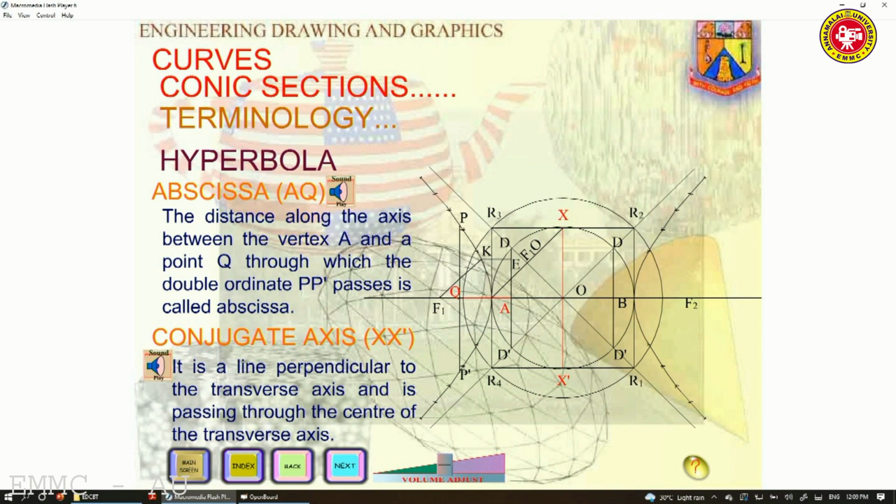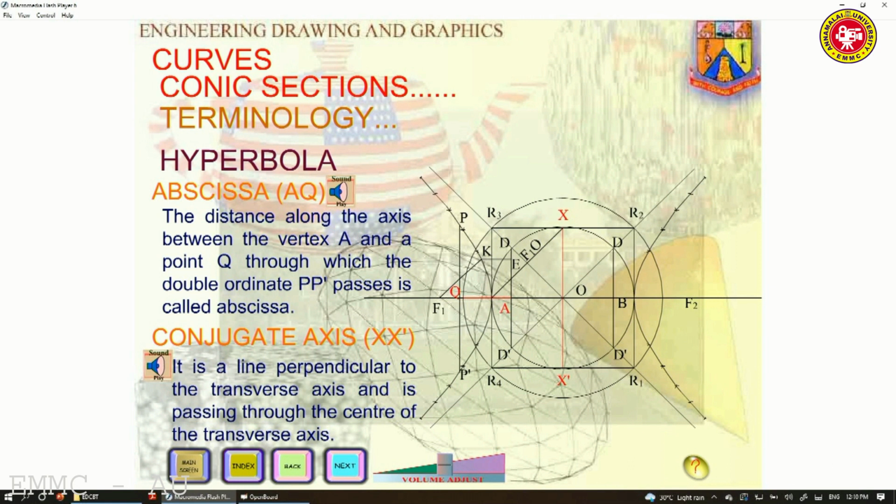The conjugate axis is a line perpendicular to the transverse axis and passing through the center of the transverse axis, because the transverse axis lies between the two vertices of the branches. Here in the picture, there are vertices A and B, so AB is called the transverse axis.